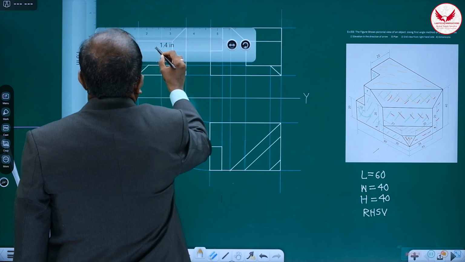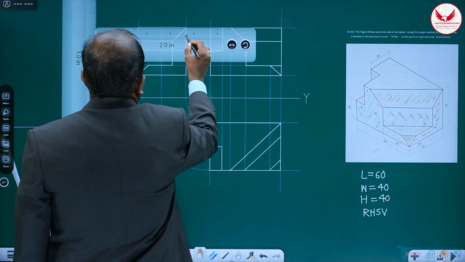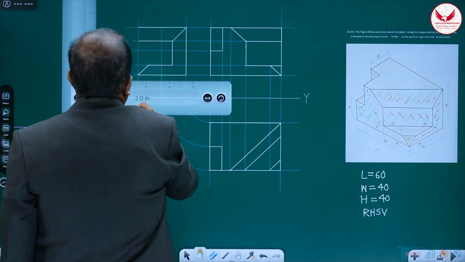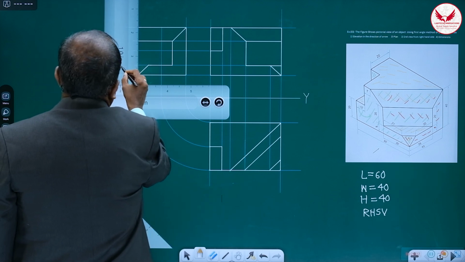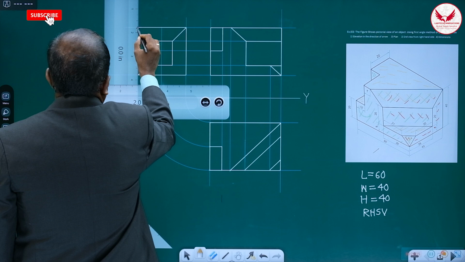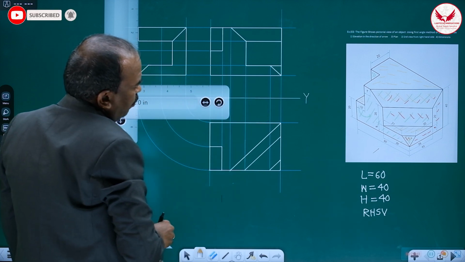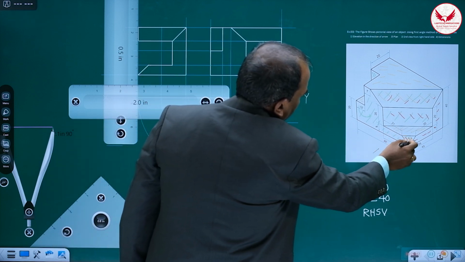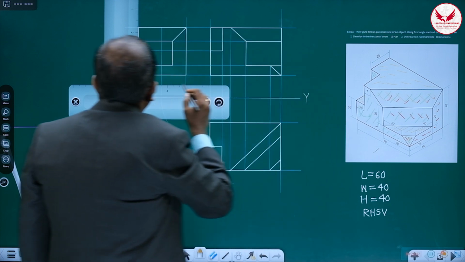From this, it is throughout 40. It is throughout 40, and then whatever that upper portion 20 plus this 8 is there, 28, means that height is 12.